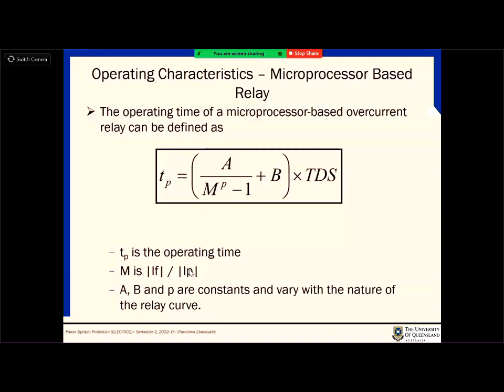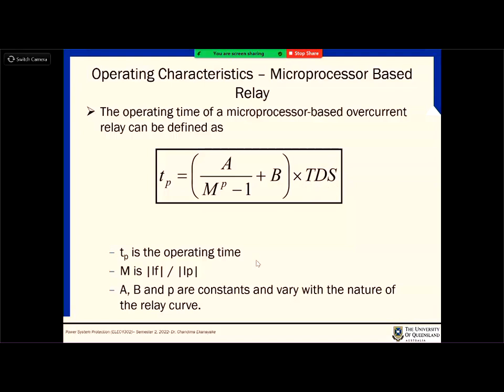Plug setting multiplier is usually used in the old relays where you have that plug, but the terminology they use now is M, the multiplier. M to the power P, where P is another constant, and then TDS is again a constant defined to set the time dial.